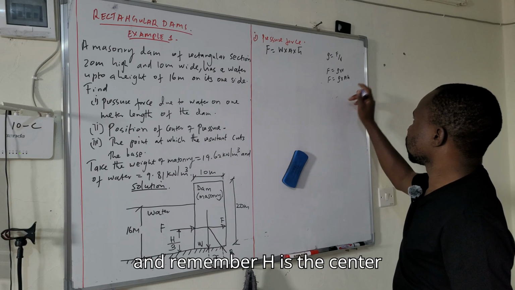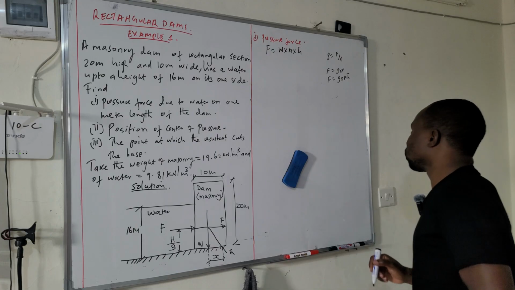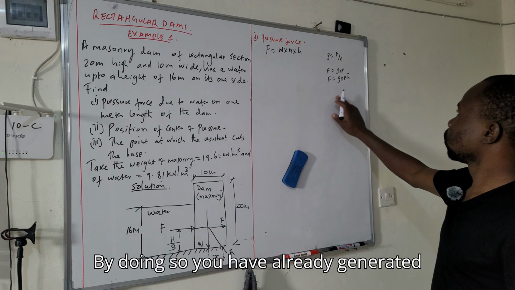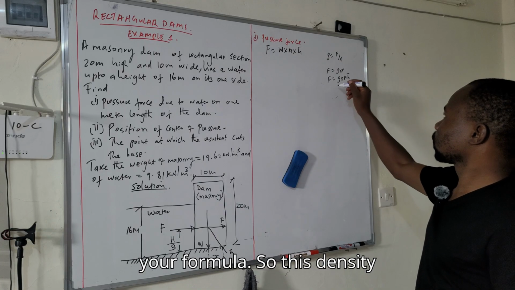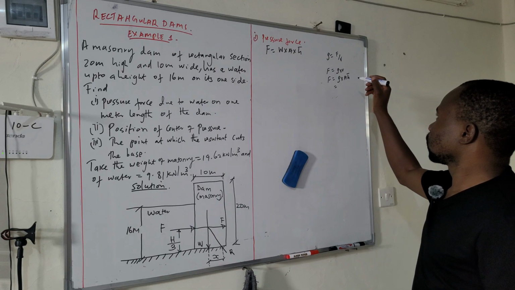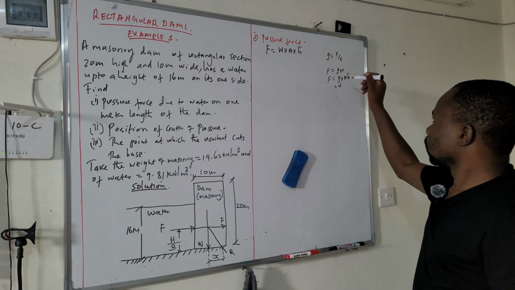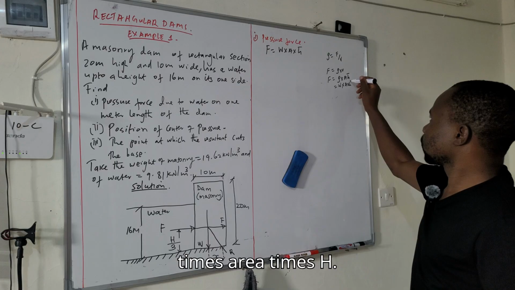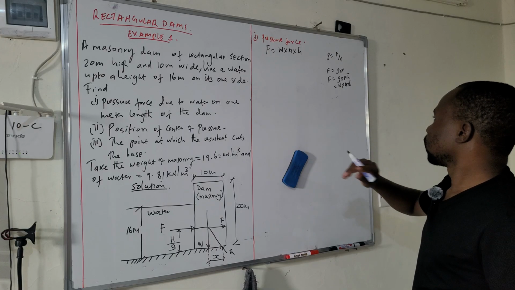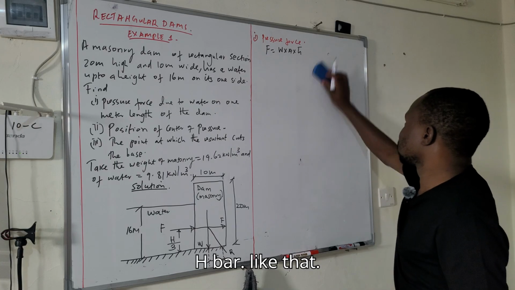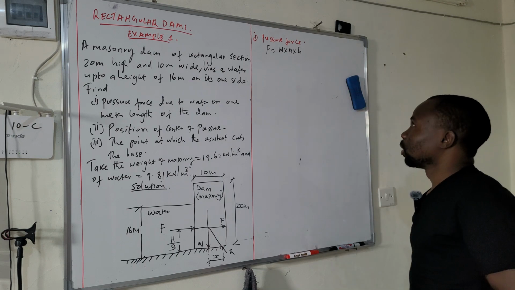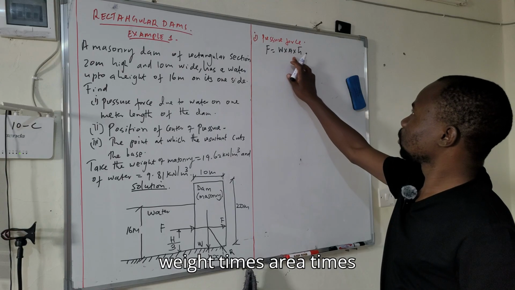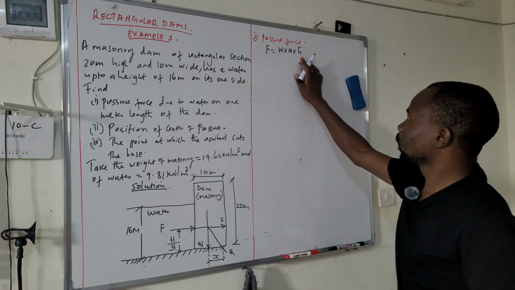And remember, h is the center of h for this case. By doing so, you have already generated your formula. This density you can convert to weight, so weight times area times h bar. So our force is weight times area times h bar.